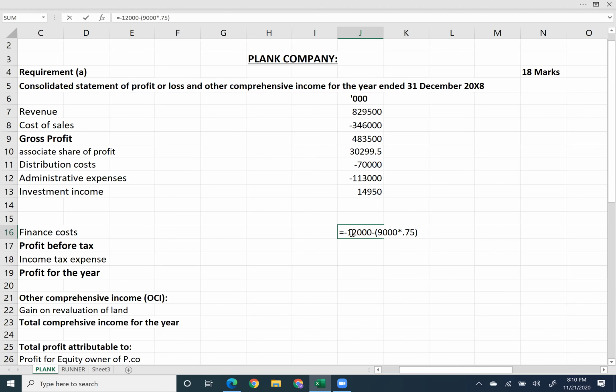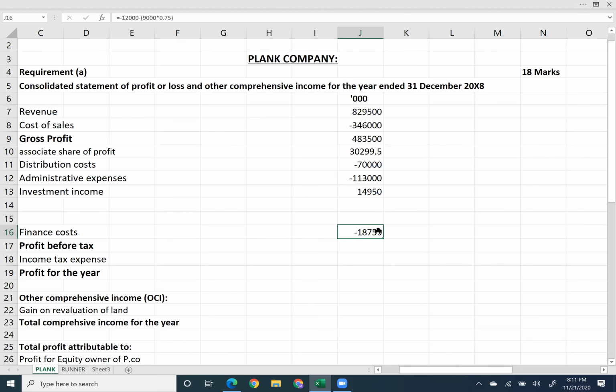So what's the answer? It's 18,750. Let me show you the formula. Yes, 5,000 was for 9 months, so I simply removed it.